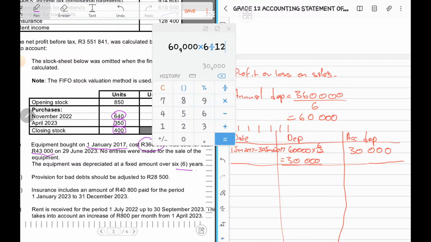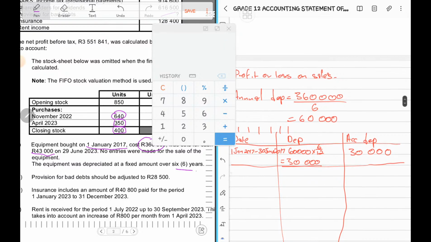Okay, then it means that for the other years that will come, we are going to depreciate it for the whole year. So the following year will be 1st July 2017 to 30 June 2018, and the annual depreciation will be 60,000.